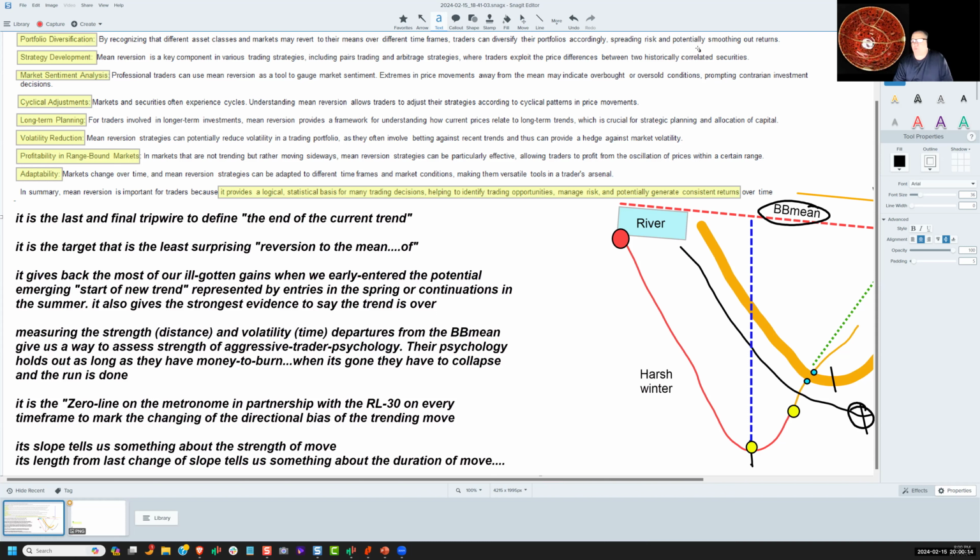Now, the other thing that we can measure is the degree that the slope changes. So if I have, and I'm going to use the RL30, but the mean could also be the slope of the river.